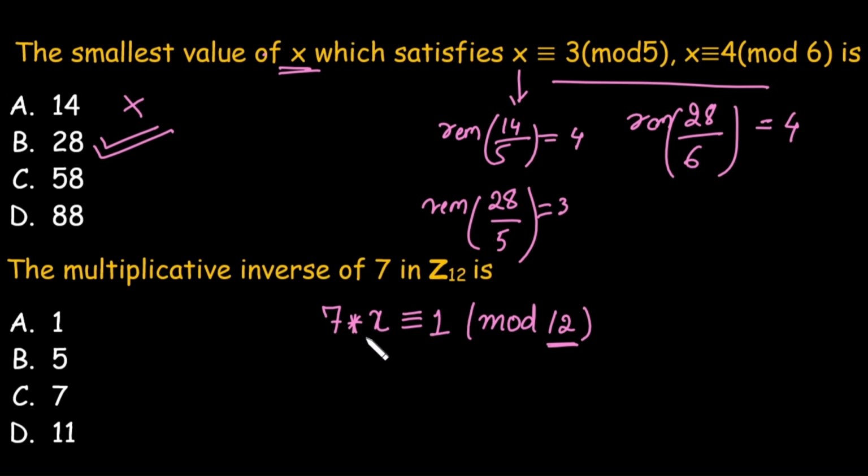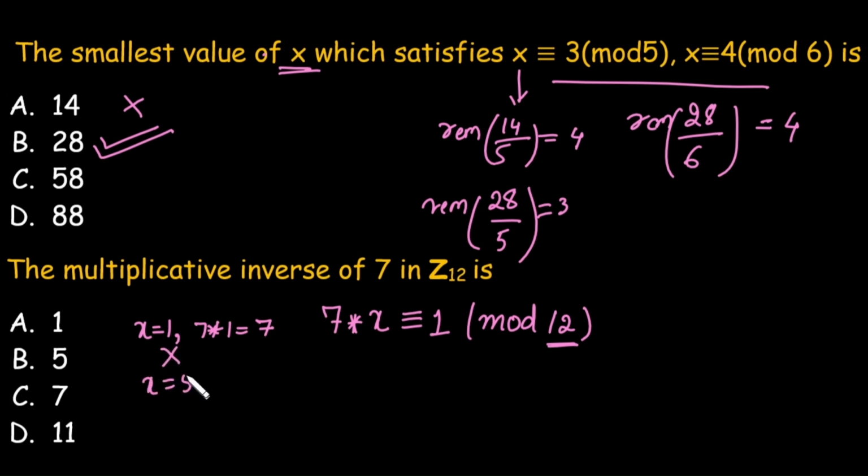There is no need to simplify this with the help of the Euclidean algorithm or Bezout's lemma because direct options are there. Just check it when we plug x is equal to 1, whether the remainder is 1 when divided by 12. That is equal to 7, not 1. So it means it is not the correct answer.